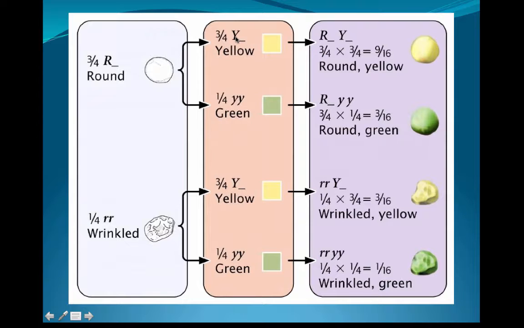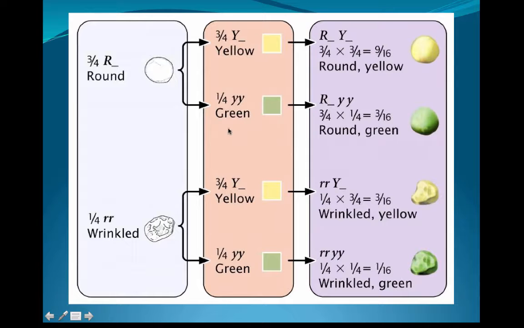Yellow doesn't depend on the second allele, because as long as there's a big Y, we know that yellow is going to be the phenotype. So what you end up doing here is just multiplying across. You take your 3/4 of the round individuals, multiply that times 3/4 of the yellow individuals to get a total of 9 out of 16 seeds that are going to be round and yellow.